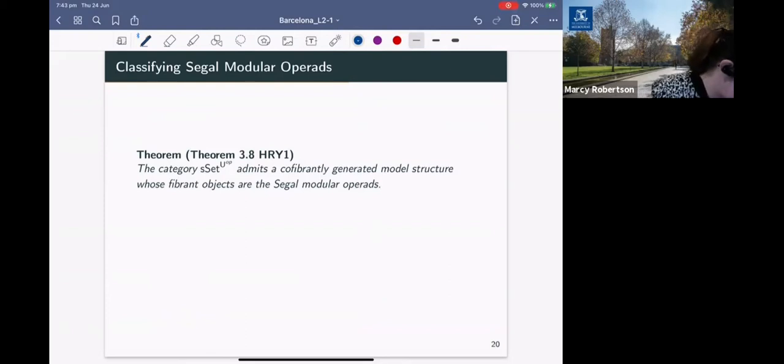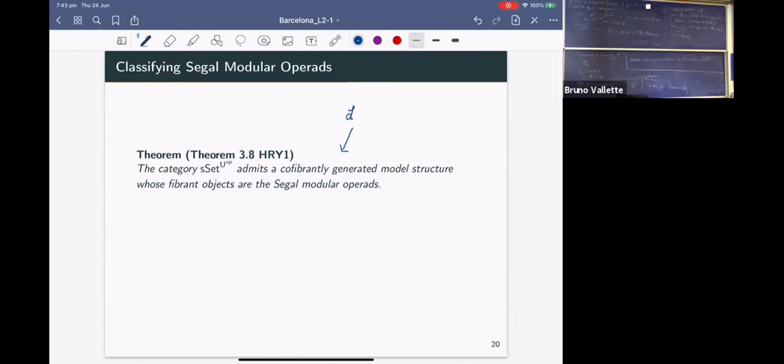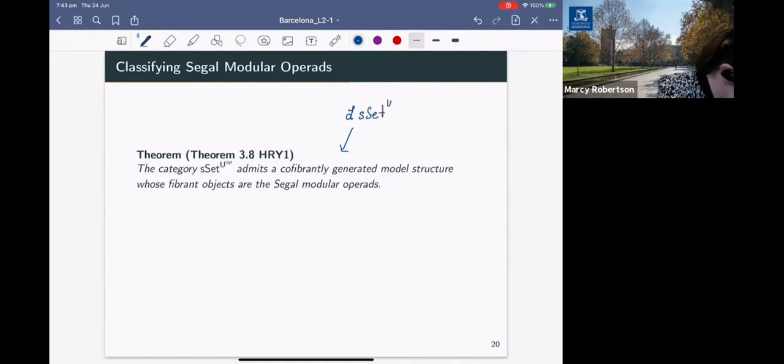So basically, the category of graphical spaces admits a cofibrantly generated model structure. These fibrant objects are the Siegel modular operads. And I won't say much about this because this is just a left Bousfield localization of the model structure, and you sort of localize along the Siegel core inclusions.